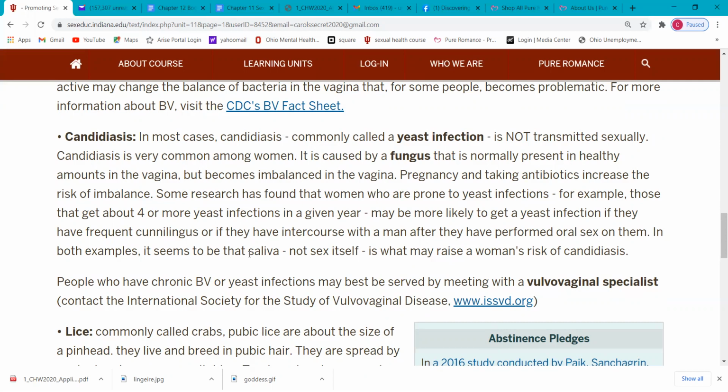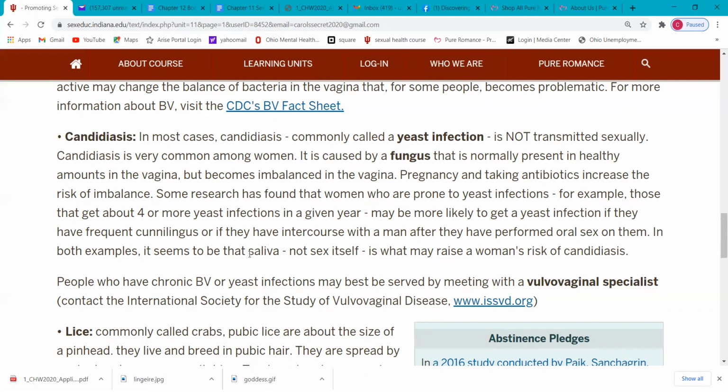I said yeast infection if they have frequent cunnilingus. I had mispronounced it because I was kind of reading ahead. But it's a form of oral sex, in case you didn't follow along.